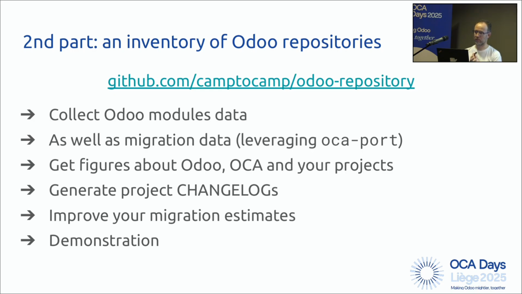We are migrating a huge project, and from day zero we could get a full picture of the effort it is going to take, what is missing, what we have to pay attention to, and also keep track of the progress of the migration, especially when someone else is migrating. Otherwise you always have to check each and every repository to see how it's going. All this data aggregation is fundamental not only for the devs, but also for PMs and BAs, to understand the effort, to plan the resources, and to give a timeline to the customer.